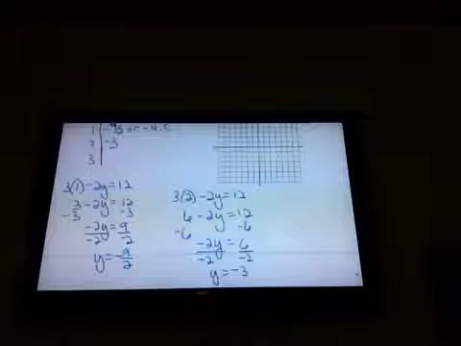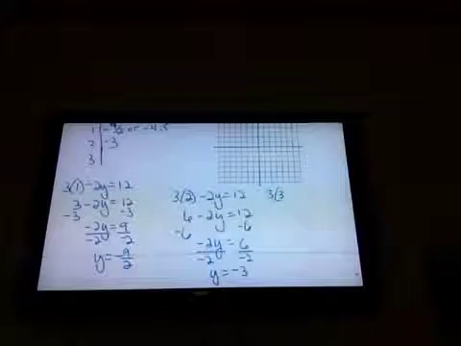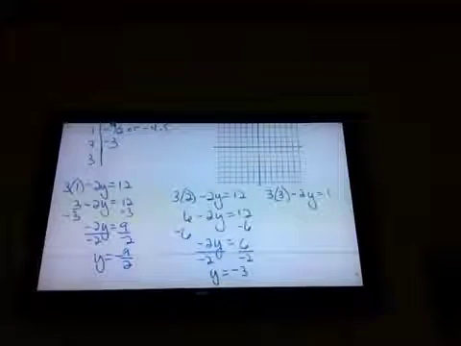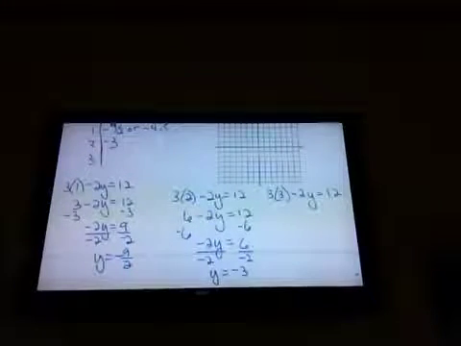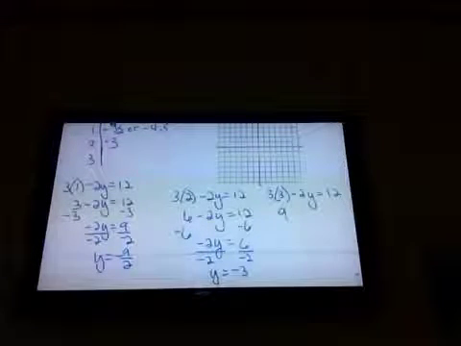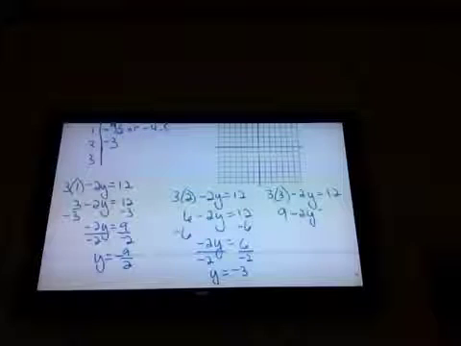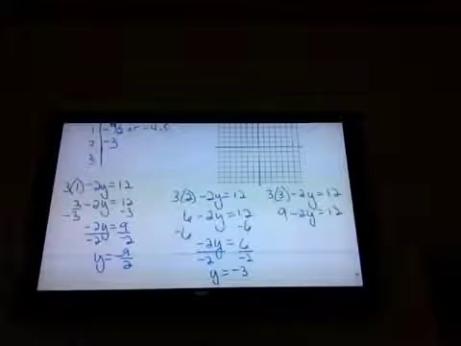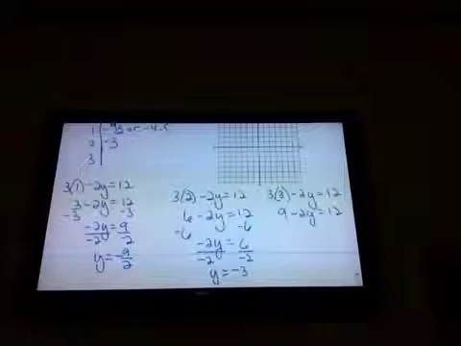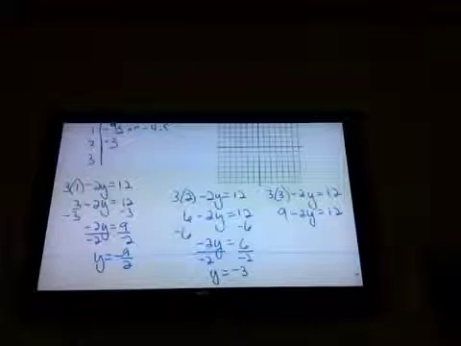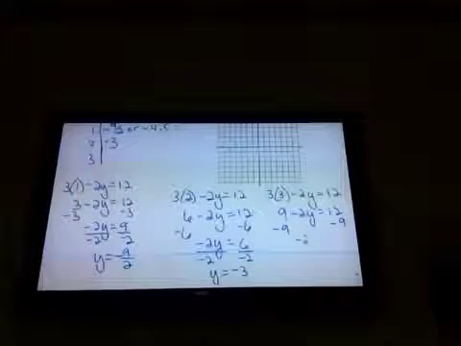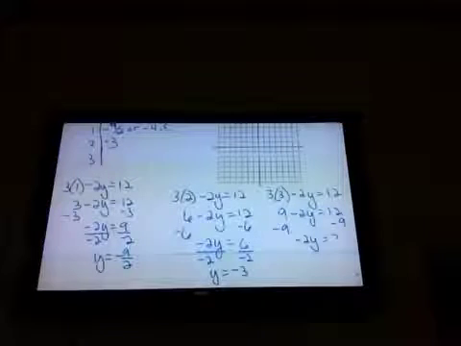And our last one. 3 times 3 minus 2y equals 12. 3 times 3 is 9. Minus 2y is 12. Again, same algebra every question. You multiply, you subtract, and we divide by negative 2. So subtract your 9. Negative 2y equals 3.